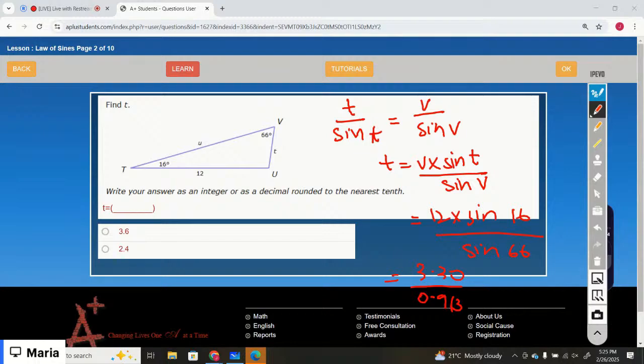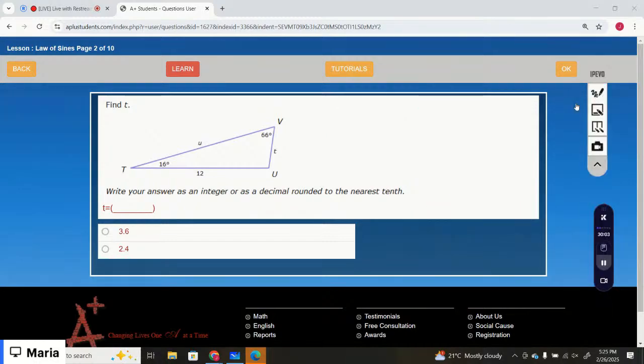So 3.30 divided by 0.913 is 3.6. The correct option is option number 1, that is 3.6.